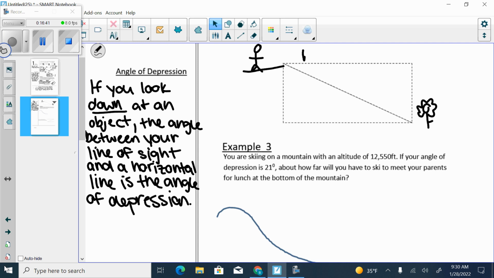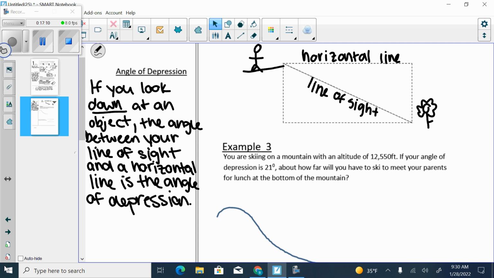So here is our horizontal line, and here is your line of sight. Okay. What's a little bit different about your angle of depression from your angle of elevation is that in elevation, your horizontal line was the ground, right?